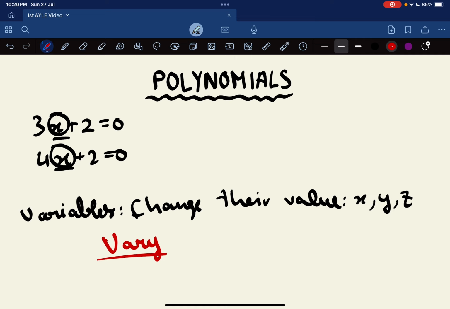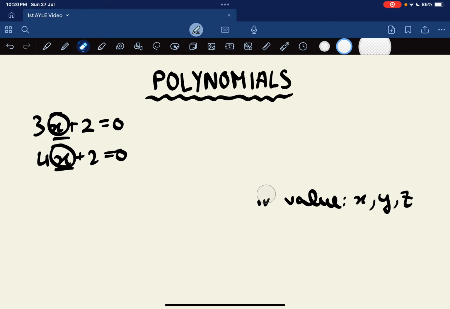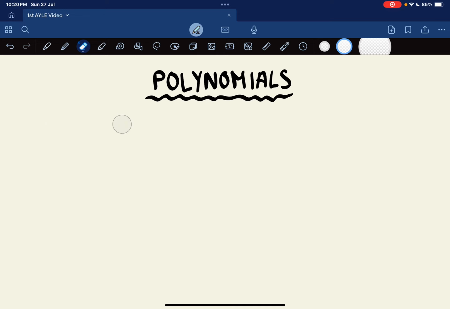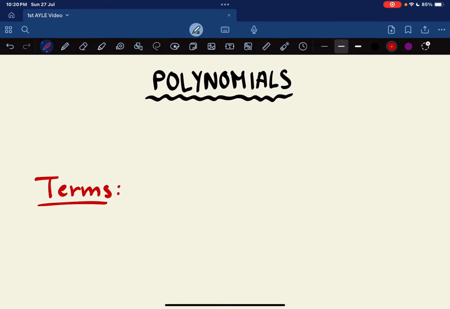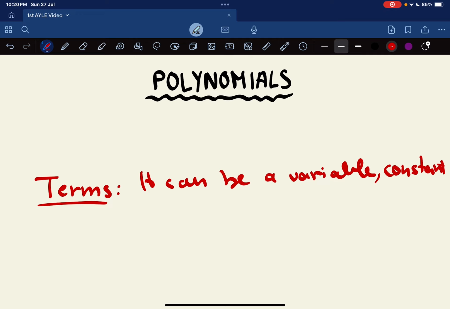Okay? Now, the next term that we're going to look at is actually a word called terms. That is the term that we're looking at. Okay, that's a bad joke, but that is a term that we're going to look at. And basically, it can be a variable or a constant, or even a mixture of them.